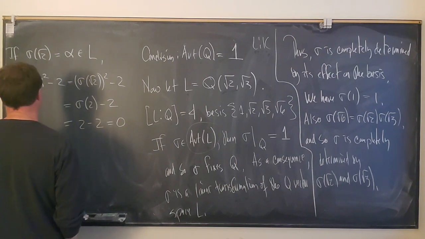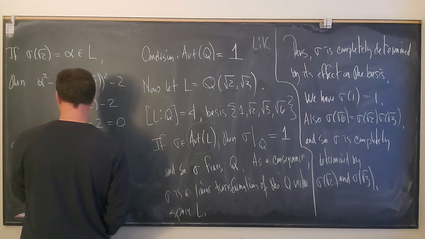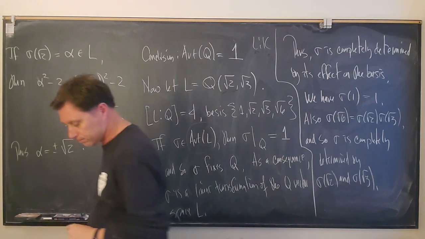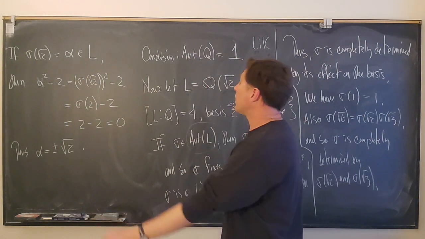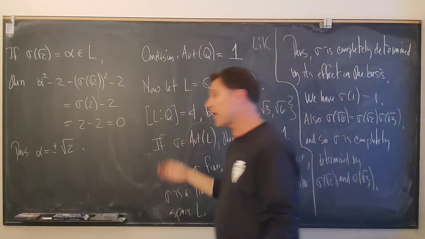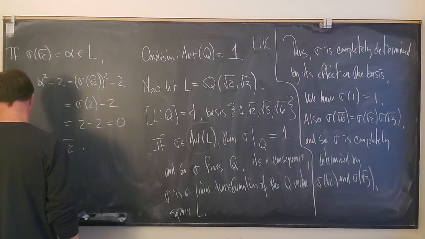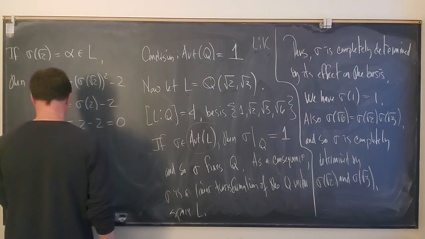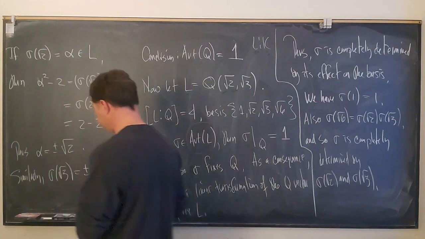Thus, alpha is equal to plus or minus square root of 2. And then basically the same argument tells us that sigma of root 3 can only be positive root 3 or negative root 3. So similarly, sigma of square root 3 has to equal plus or minus root 3.